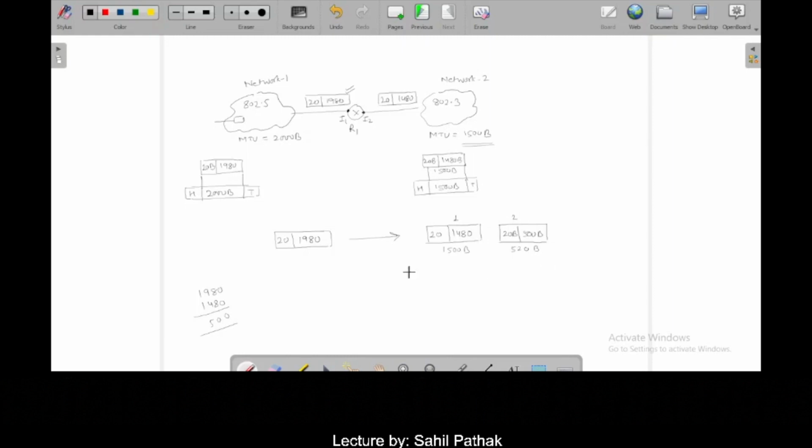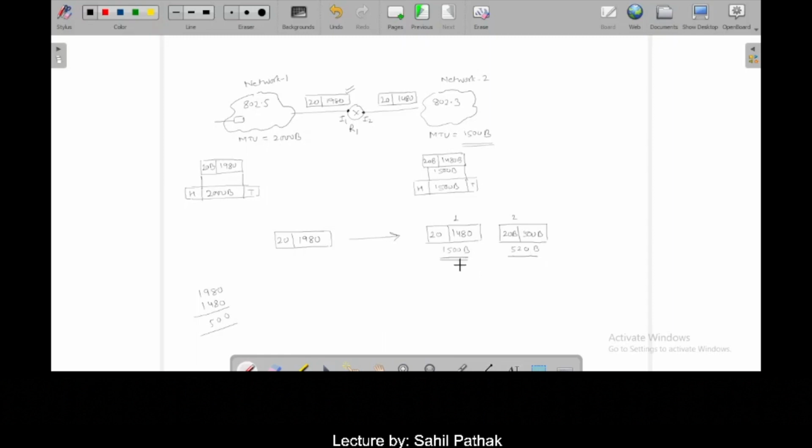OK, so this is how we have to divide the data in such a way that the data should not exceed 1500 bytes. So here if we look carefully, this is the size of one fragment, and this is the size of another fragment.